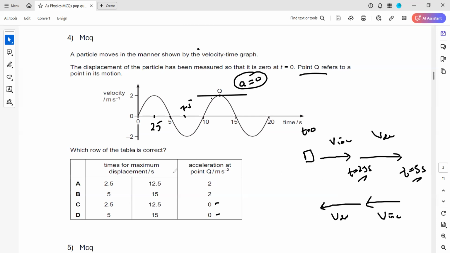So the question is the time for which there is maximum displacement. So at which time? At t equals 0, the object, like here, at t equals 7.5, and then t equals 10. So when t equals 10, what does it mean? It means the object has returned to the original position.